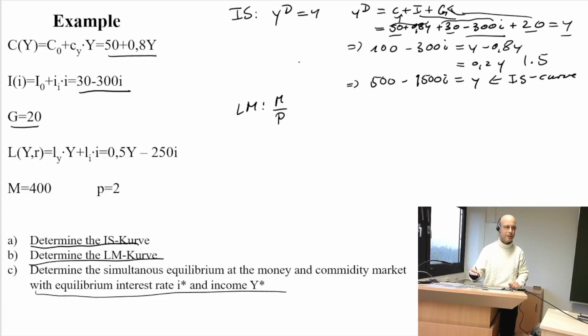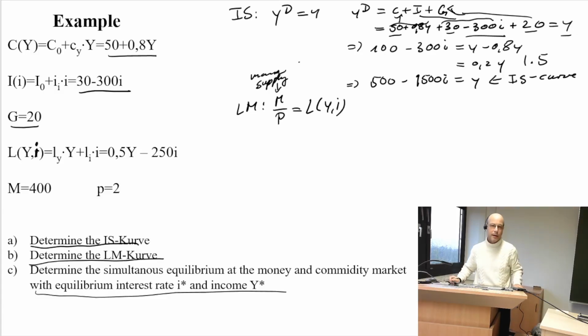Not M, but this is money supply, and this has to be equal to money demand, and money demand is? Oh, here this has to be L of Y and I. And now we just insert our specific functions.